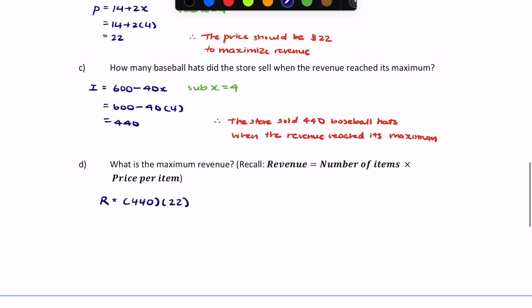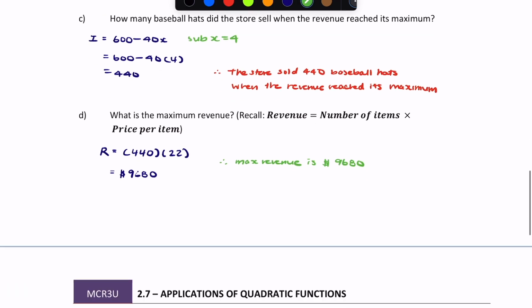So here we have 440 times 22, which is equal to $9,680. Here again, therefore, max revenue is $9,680.